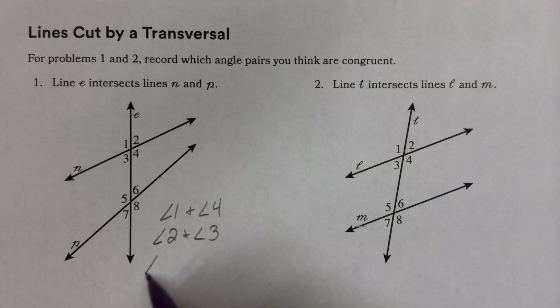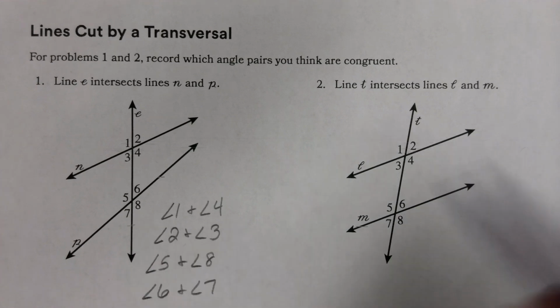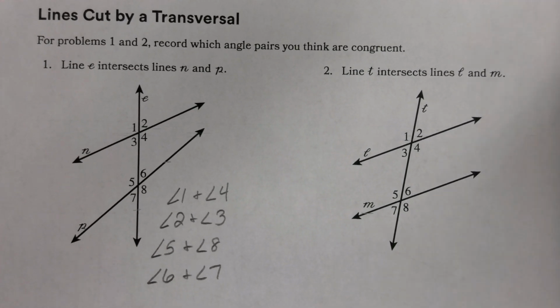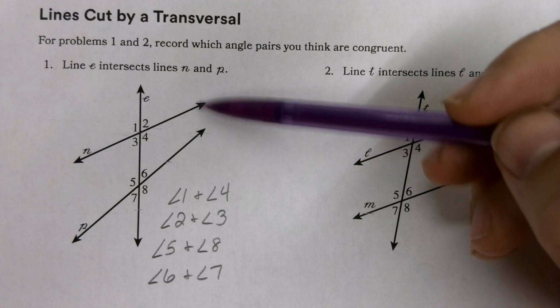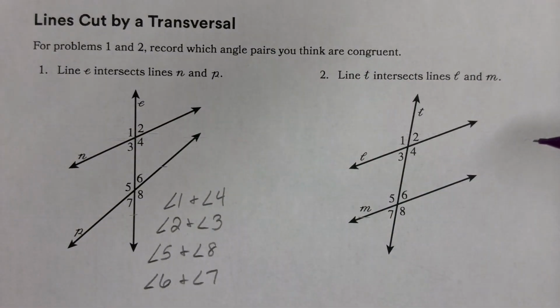It also tells us angles 5 and 8 are congruent, and angle 6 and angle 7 are congruent because of vertical angles. In this instance, I just have these vertical angles that are congruent. There are no other angle pairs that would be congruent.